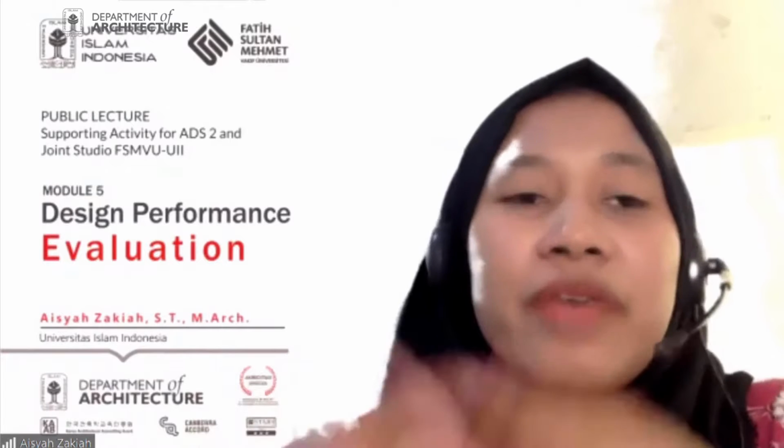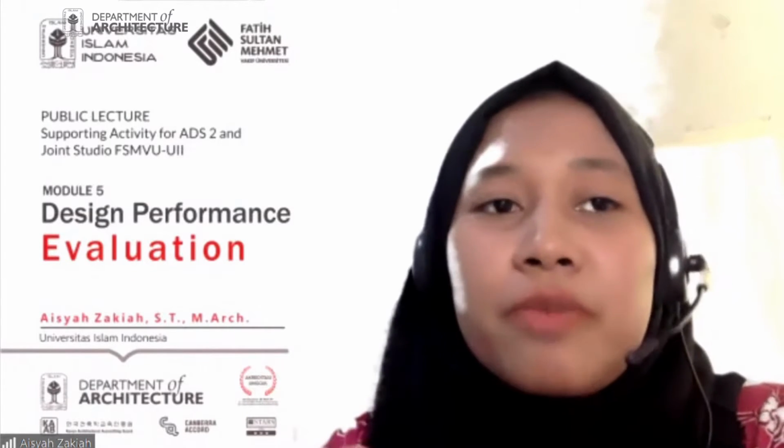Okay, thank you, Pak Wing. In terms of a design outcome, I think optimization or generative design is maybe one of the answers for that. In generative design, the computer will create the design, not us. So it's a form finding process.